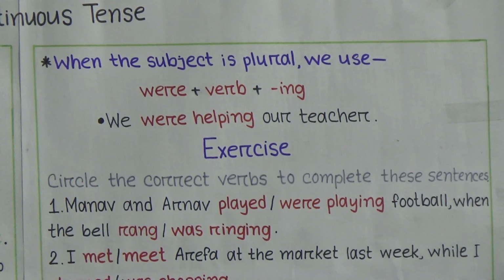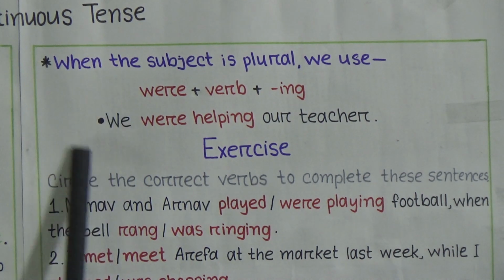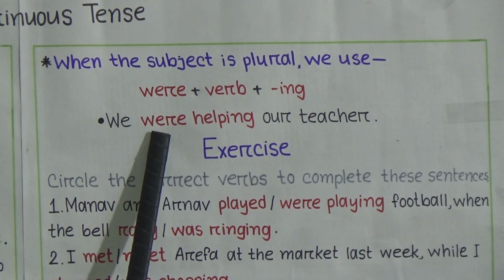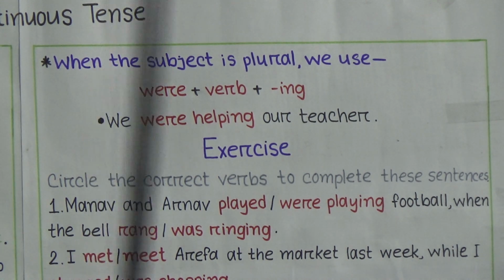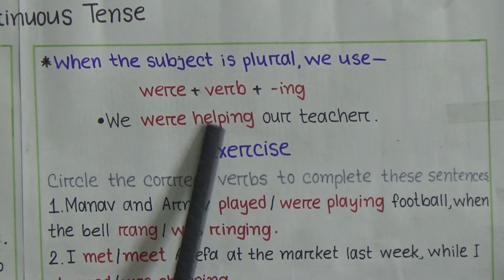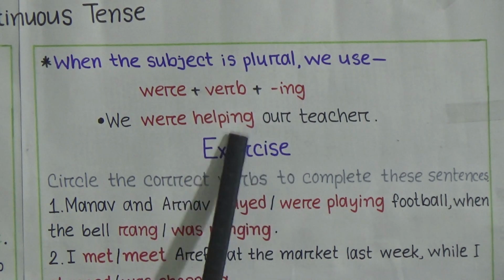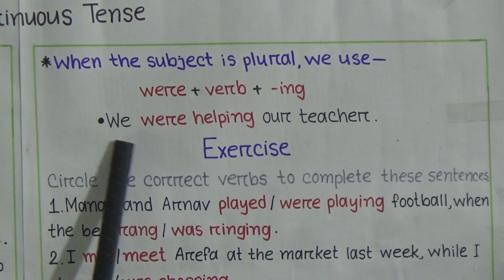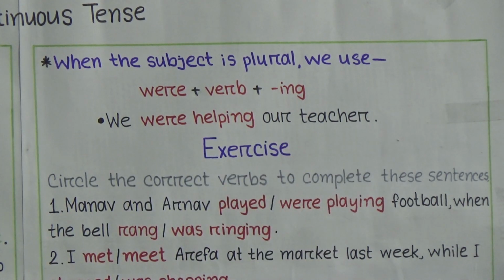Look, we. We can be I, you, he, she. It means more than one person. So when we find more than one person, it means a plural subject, we must use were, not was. And then verb. Verb is help, and with the verb we add ing according to the rule. Then object. So the sentence will be, we were helping our teacher.